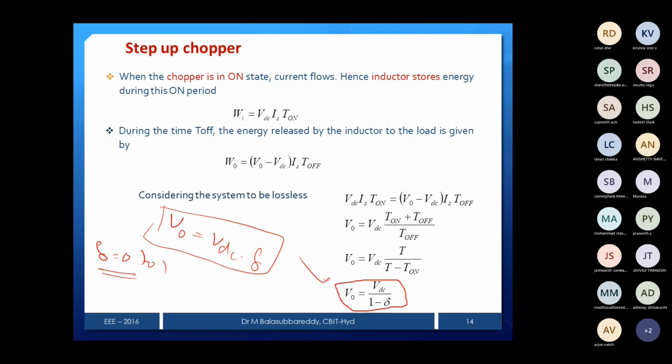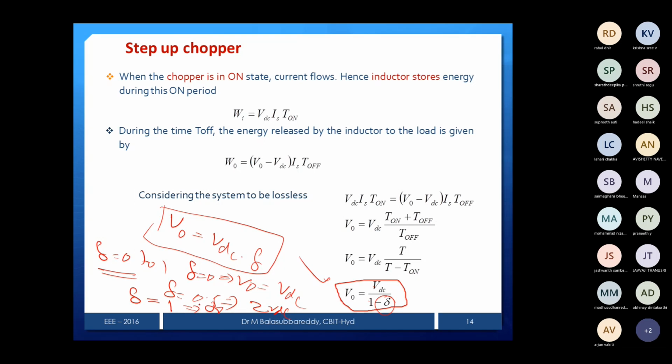If I substitute delta equal to 0, what is your output? Your output is equal to VDC. And for delta equal to 0.5, what will happen? VDC by 1 minus 0.5, meaning 0.5 in the denominator, that is nothing but 2 VDC. Keep on changing the delta, and if delta is equal to 1, then 1 minus 1 is 0, meaning infinity.